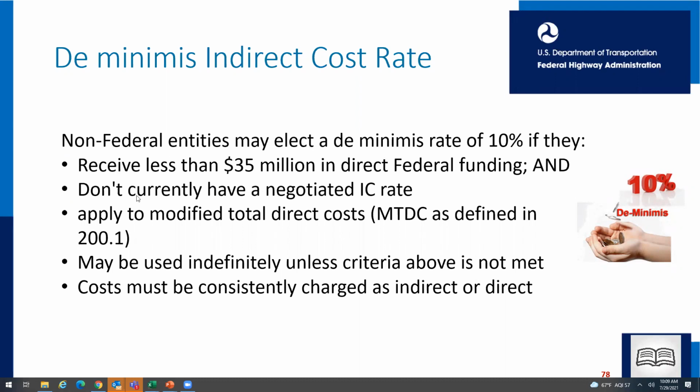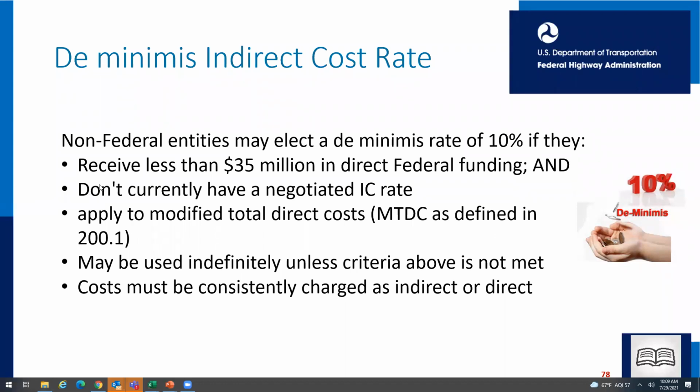So if your entity receives less than $35 million in direct federal funding, and the new requirements say you don't currently have a negotiated indirect cost rate, so maybe you've had one in the past, but you don't currently have one now, you can claim, if you meet these 2 criteria, you can claim a de minimis rate.